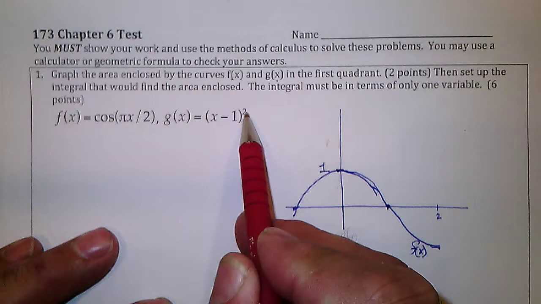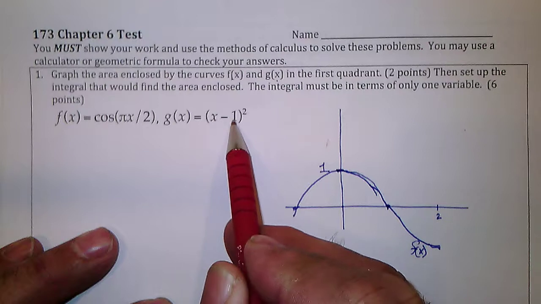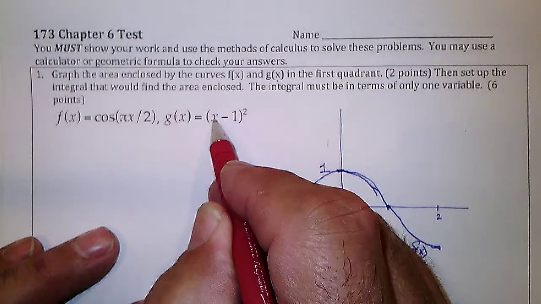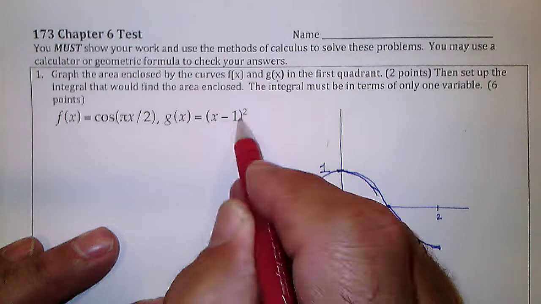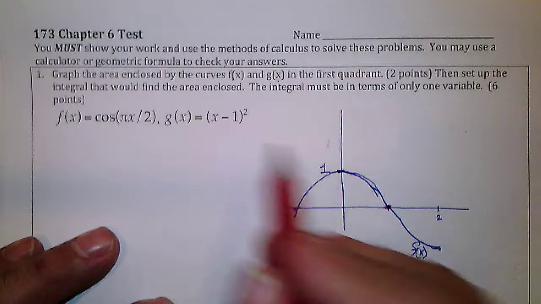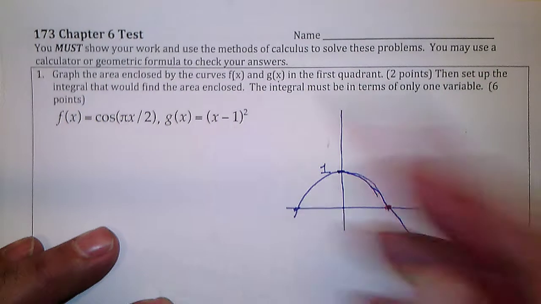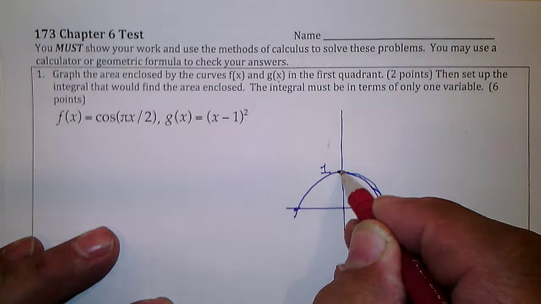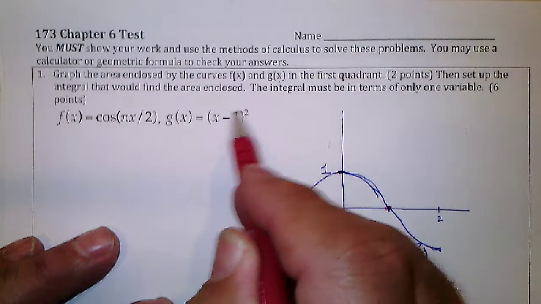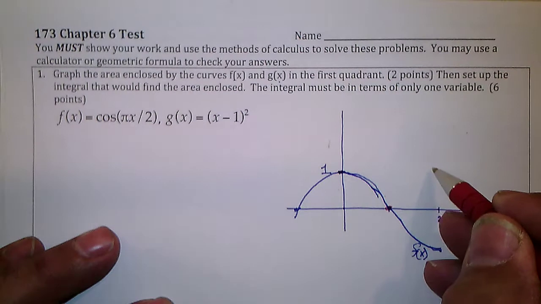Oh, this is a parabola moved to the right 1. If you put in 1, you get 0 squared, which is 0. If you put in 0, you get -1 squared, which is 1. If you put in 2, you get 2 minus 1, 1 squared, which is 1.